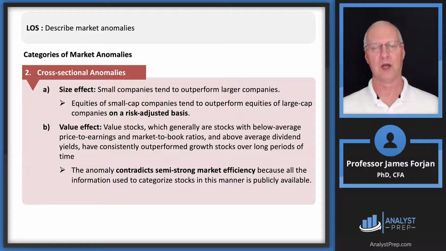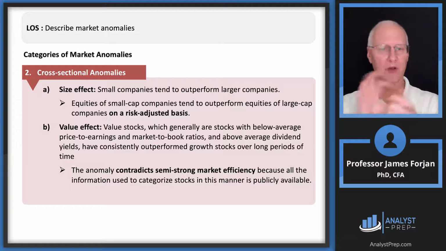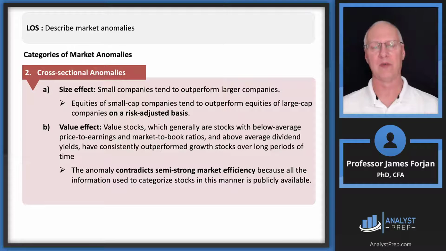And so this anomaly, look at what we have in the bottom there. It contradicts semi-strong market efficiency because price to earnings, price to book, dividend yields, cash flows, all that stuff is publicly available. So value stocks always outperform. Well, this really crinkles the efficient markets hypothesis.